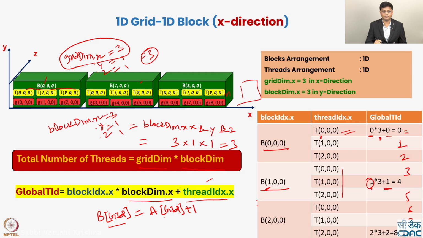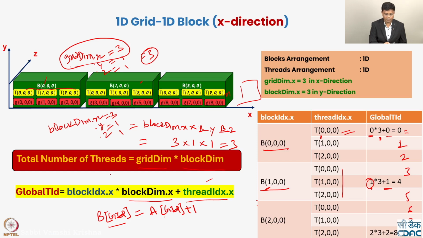So far we have seen the global thread ID calculation for 1D grid and 1D block arrangements. This arrangement is suitable if your blocks are arranged only in the y direction, or the z direction, or the x direction, and the threads within are also arranged in the same direction. Suppose your blocks are arranged in the y direction and your threads are also arranged in the y direction.